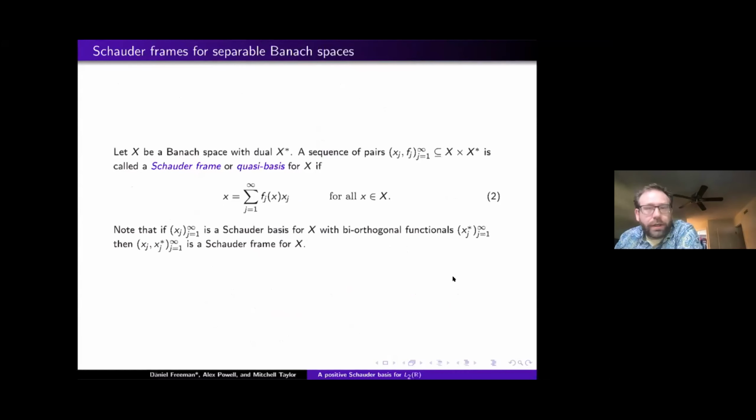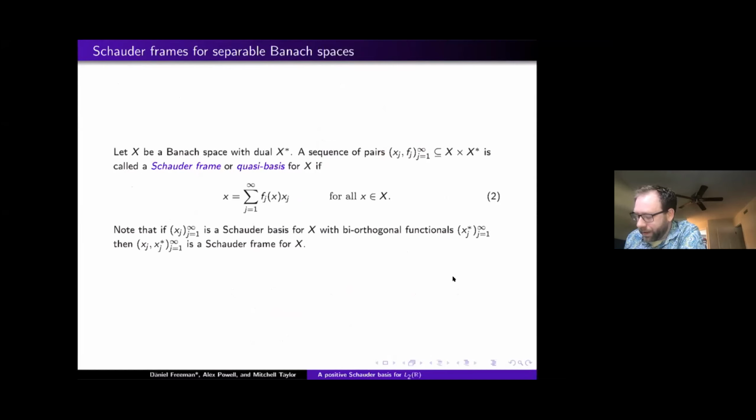And we're also going to talk some about Schauder frames. For a Schauder basis, we just have a sequence of vectors. For a Schauder frame, we need a sequence of vectors and functionals. So xj is our vectors, and fj is our functionals.